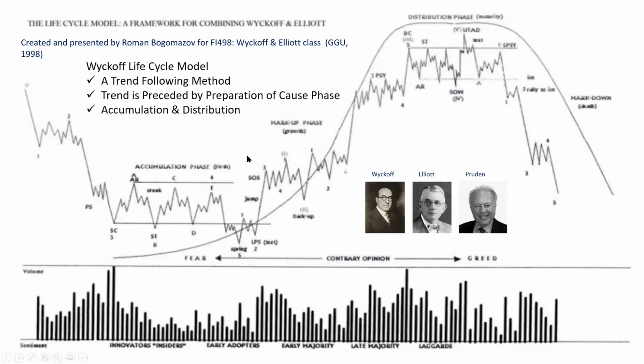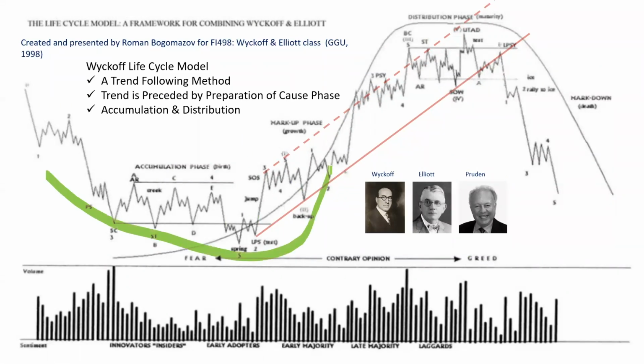Now, just to set this up, campaign trading is really a process in the Wyckoff methodology. And you can see here, let's get a marker so that we can see the accumulation area here.